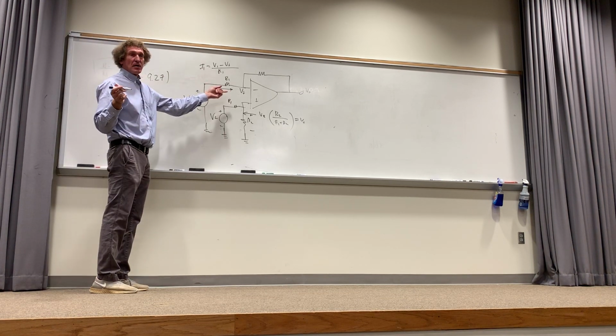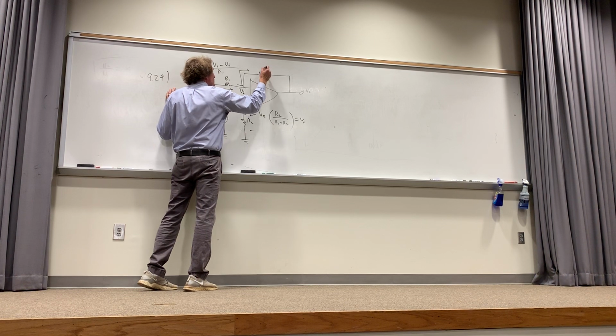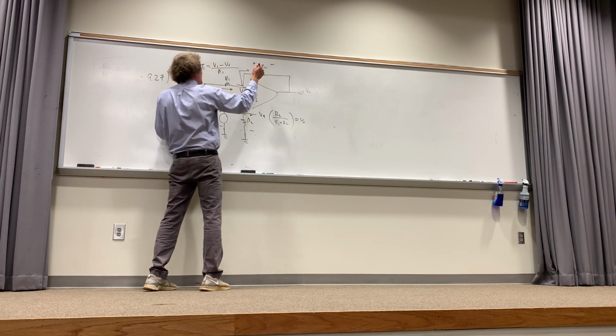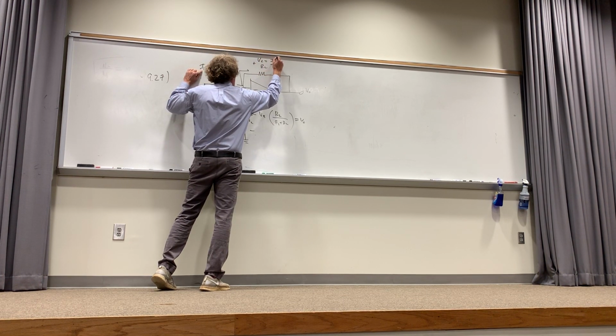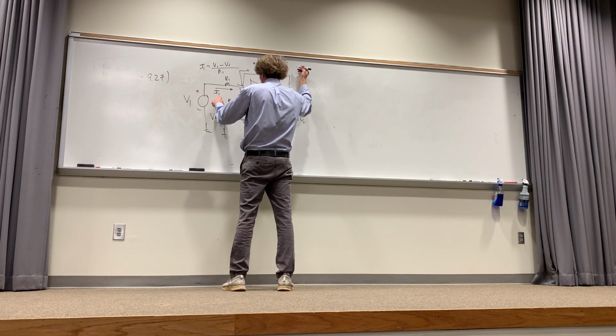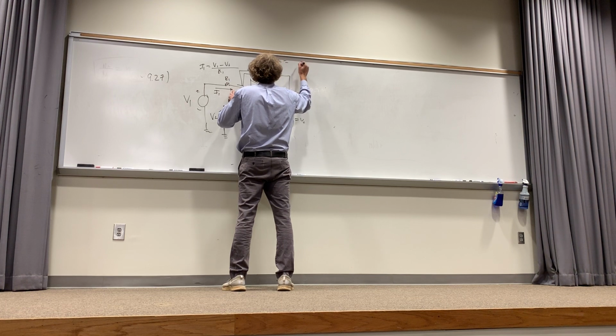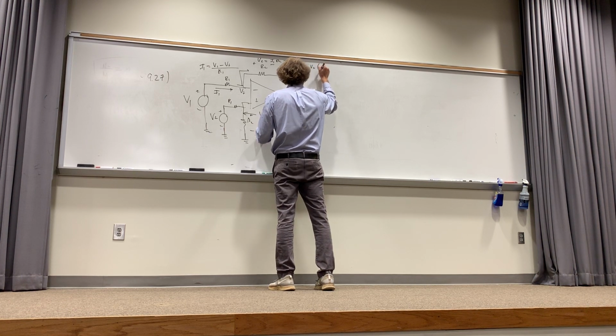If I've got that current, it must go this way, right? Is this R2 here? All right, that means this voltage here is going to be that current. I'll call it V2 here, is going to be equal to I1 R2. I1 now is equal to this. So I can say it's V1 minus V plus. This is V plus, and I can put V2 times R2 over R1 plus R2 here.